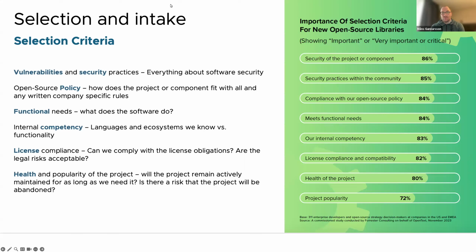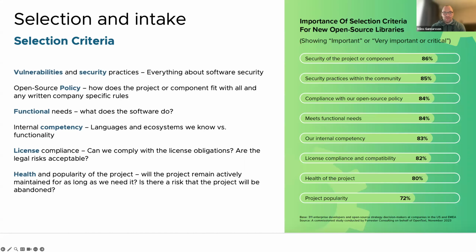A number of different criteria were presented, and the respondents would score the importance of each. On the right, you can see the percentage of respondents who ranked a certain criterion as either important or as very important or critical.